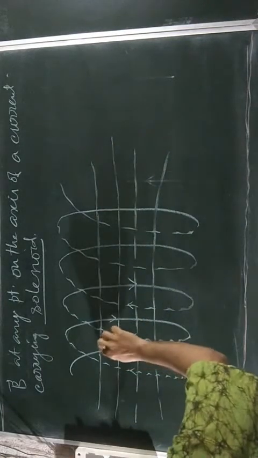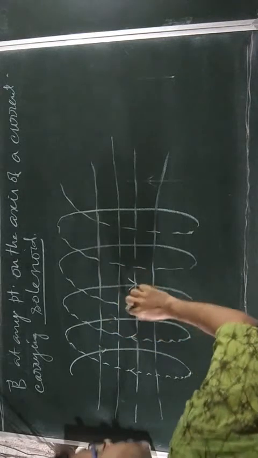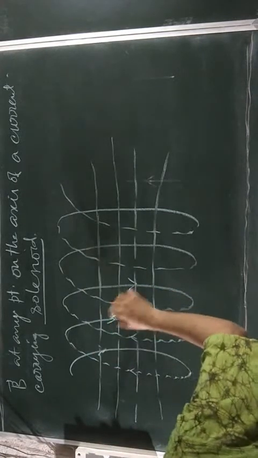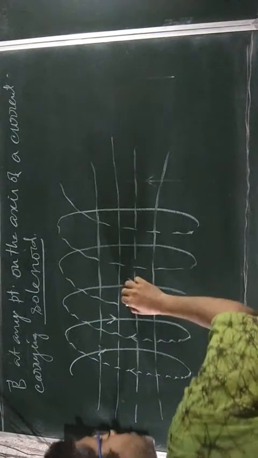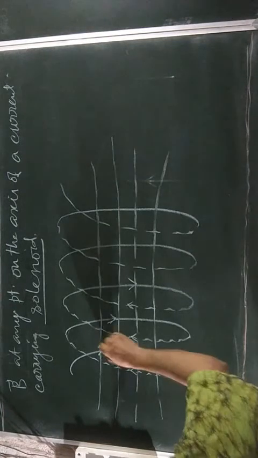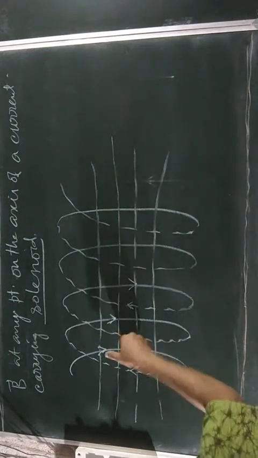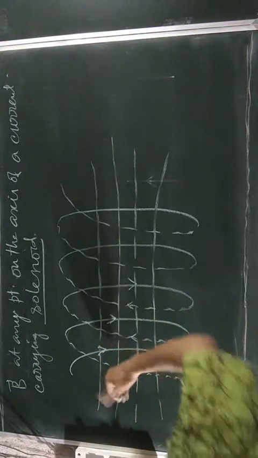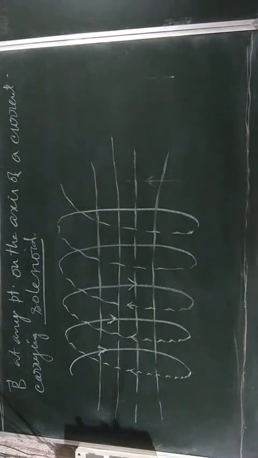If you reverse the direction of the current, okay, keep it in contact as usual. Then if the current is like this, the direction of the magnetic field is this way. But if you reverse, then the magnetic field goes that way.